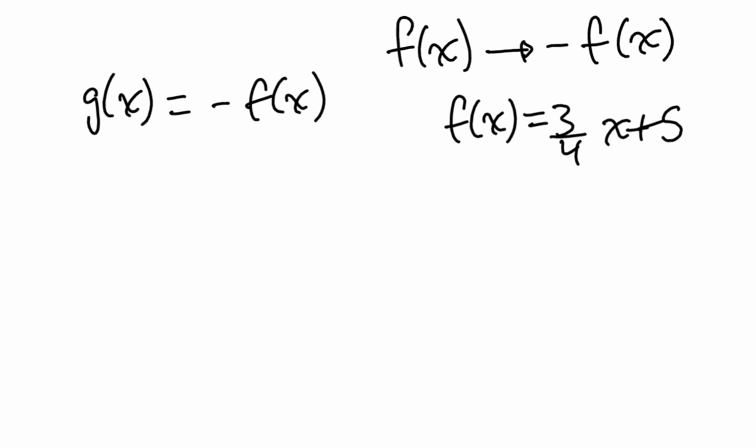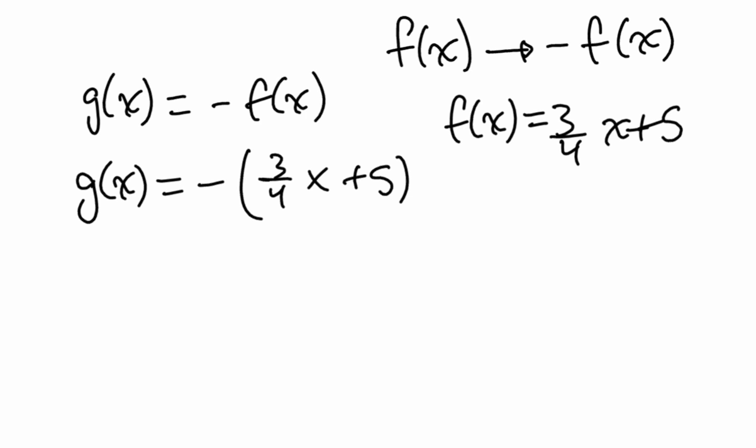So g of x is going to look like the opposite of that function. So I'll just put it in parentheses. I've got 3/4 x plus 5. And I can distribute that, right? And what do I have? Negative 3/4 x, and then minus the number 5. So all of a sudden, you can see what this is doing. It's just totally flipping the whole thing upside down.